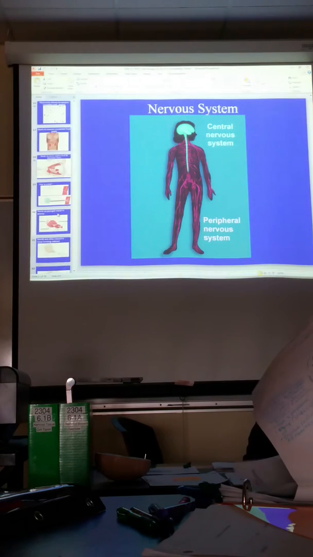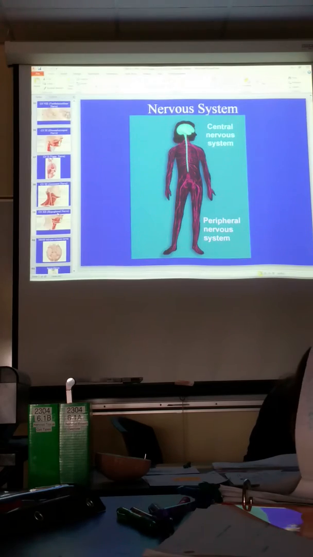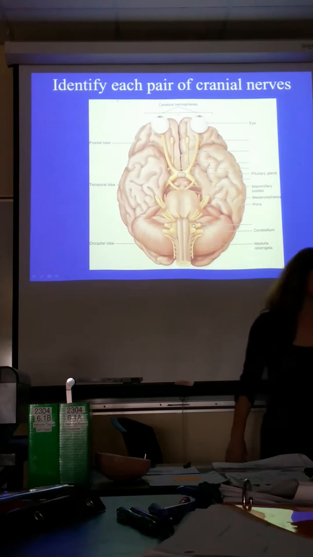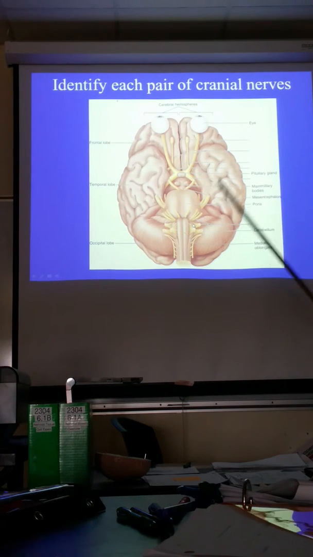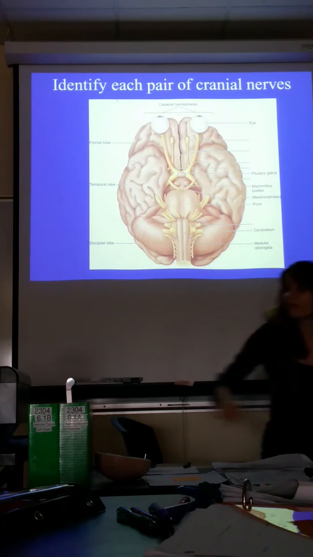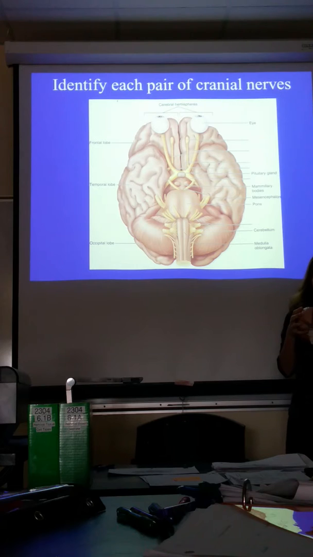All right, on the cranial nerves. Right here. Okay. So this helps us to see what the heck that optic chiasm is. Can everybody see that we are at the base of the brain? We're looking at the bottom. If I take this brain right here, put it back together.